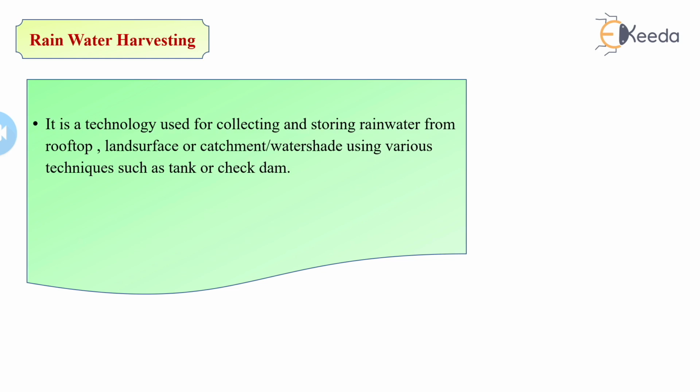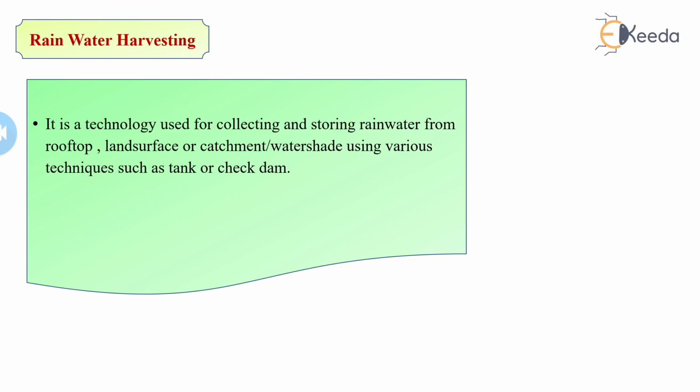Using the various techniques, if we collect the rainwater through the rooftop, we store this water in a tank or under the ground. If we collect the rainwater from the catchment area, from the surface runoff area, then we have to construct a check dam for storing this rainwater.